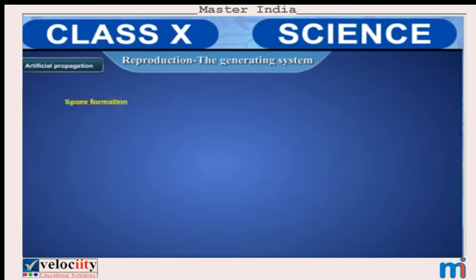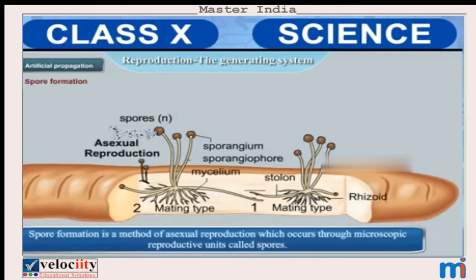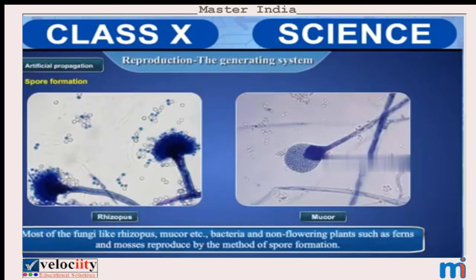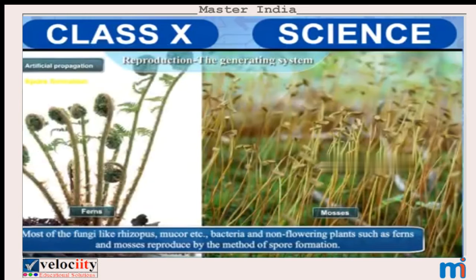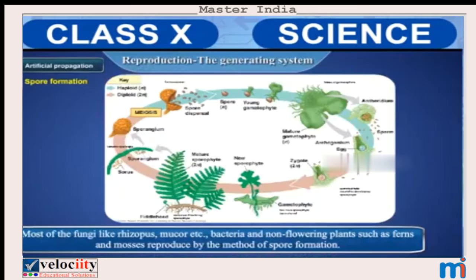Spore formation. Spore formation is a method of asexual reproduction which occurs through microscopic reproductive units called spores. Most of the fungi like Rhizopus, Mucor, etc., bacteria and non-flowering plants such as ferns and mosses reproduce by the method of spore formation.